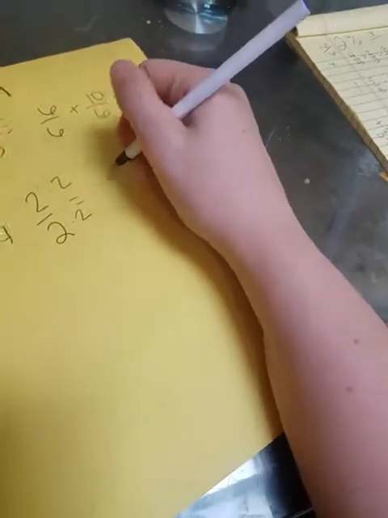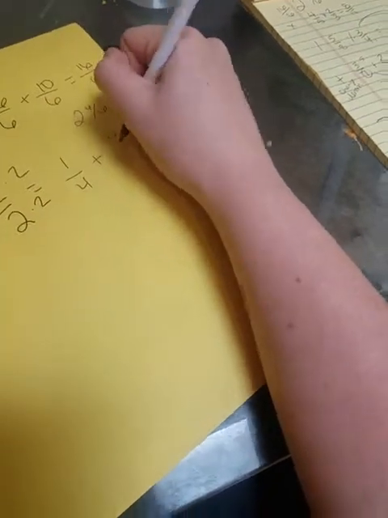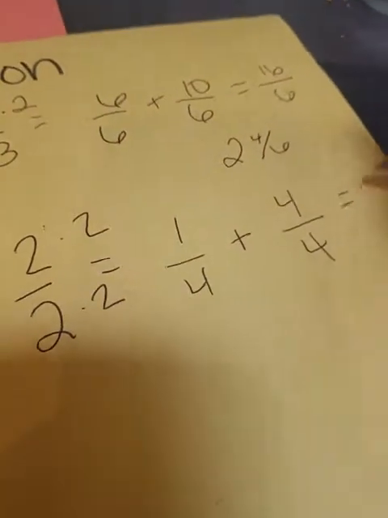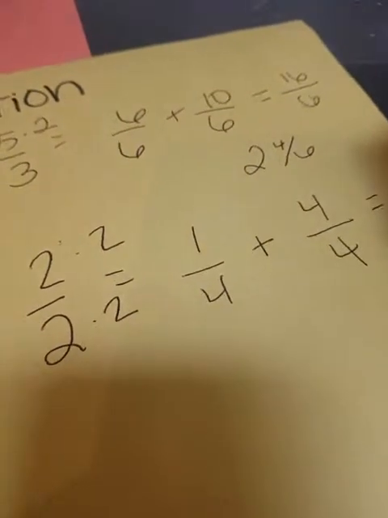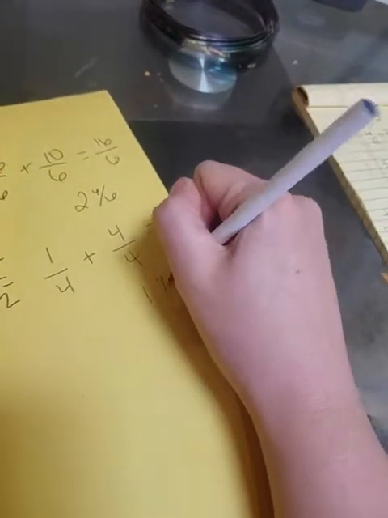So it'll be 1/4 plus 2 times 2 is 4, 2 times 2 is 4. So it'll be 5/4, or we can make that 1 and 1/4.